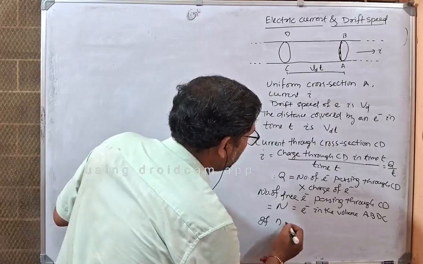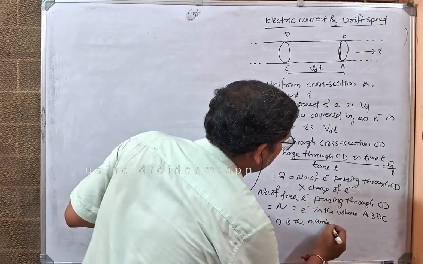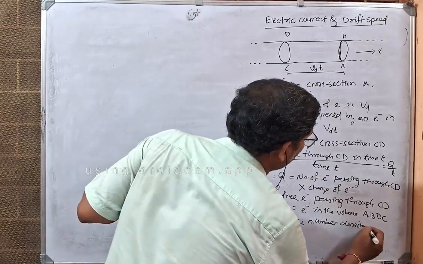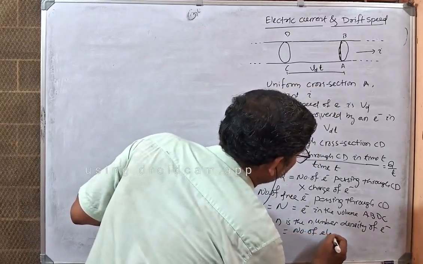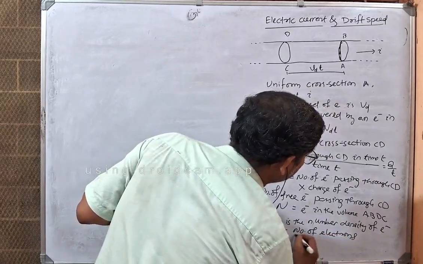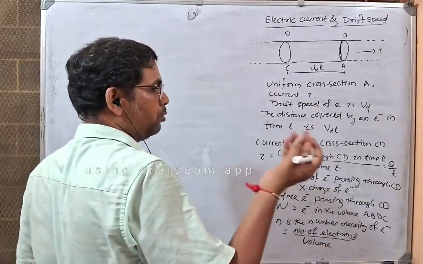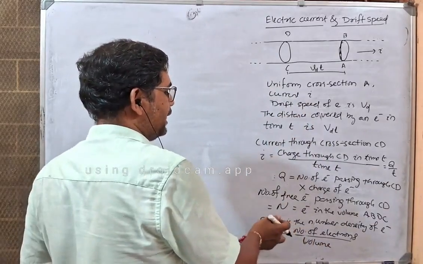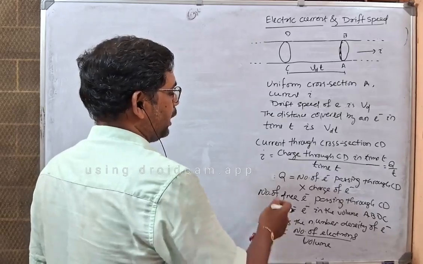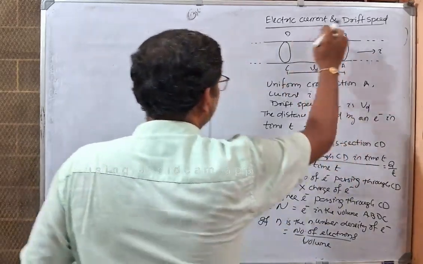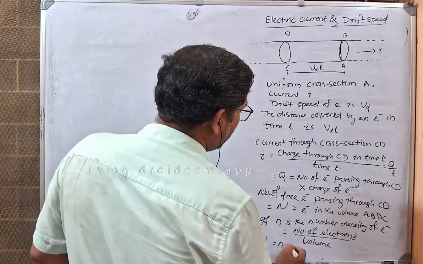If small n is the number density of electrons, that means the number of electrons per unit volume, how many electrons there are per unit volume, that is small n. Then what is capital N? Capital N is the total electrons in this volume ABDC. So N will be small n into volume.